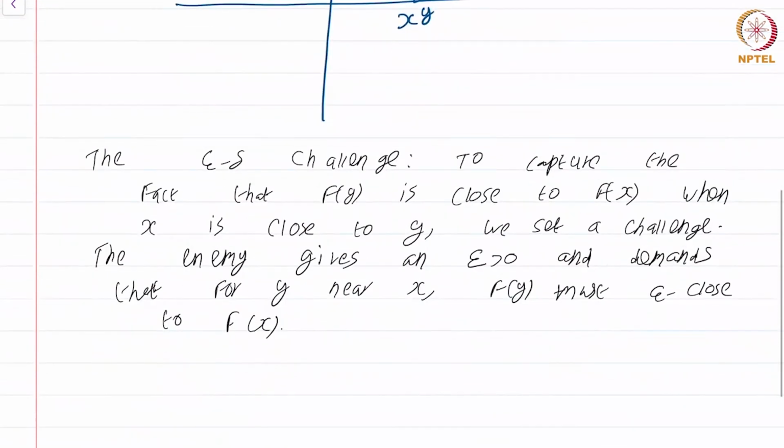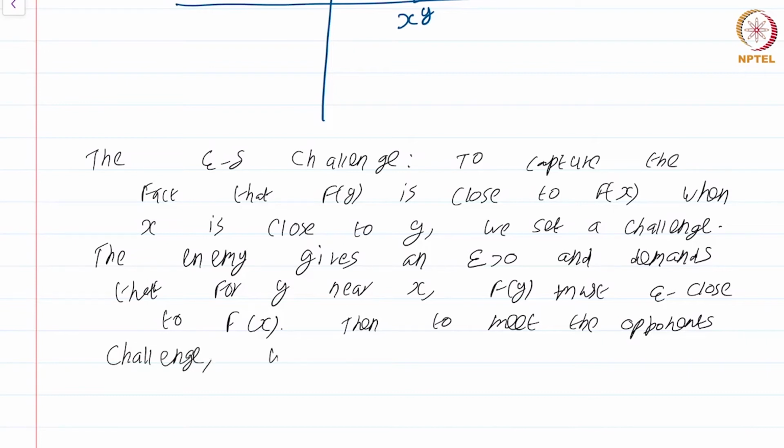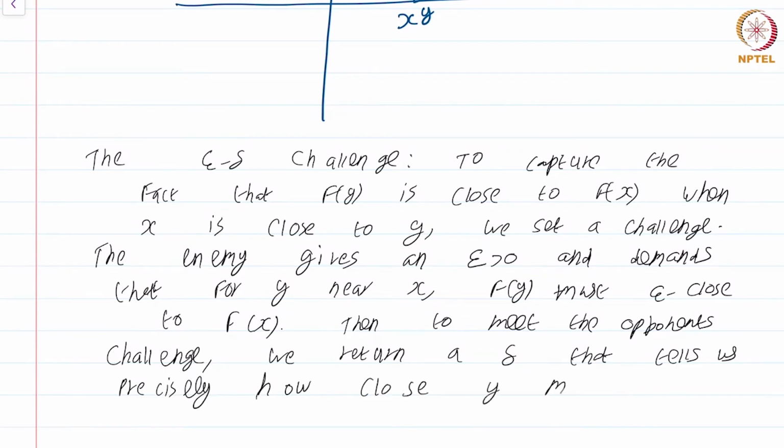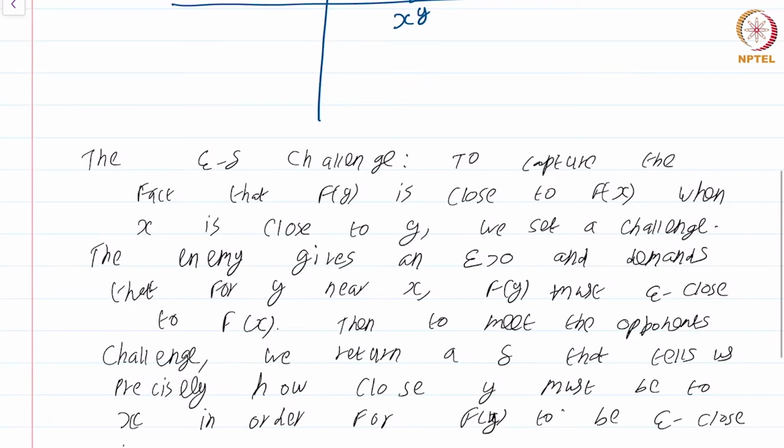Then, to meet the opponent's challenge, we return a delta that tells us precisely how close y must be to x in order for f of y to be epsilon close to f of x.